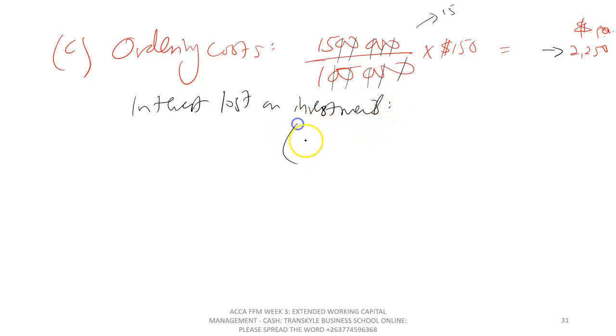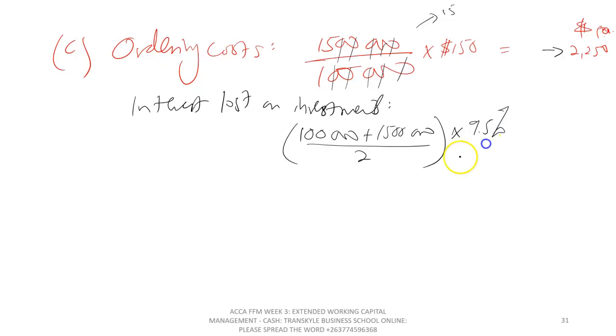Remember we said we start with the order size, the 100,000 plus the 1.5 million, divided by 2, multiplied by 9.5%.